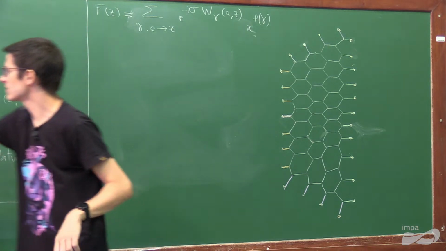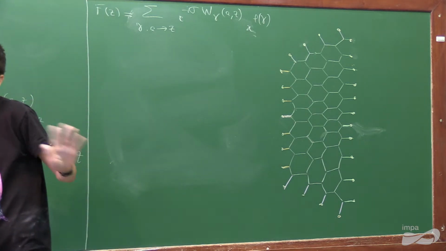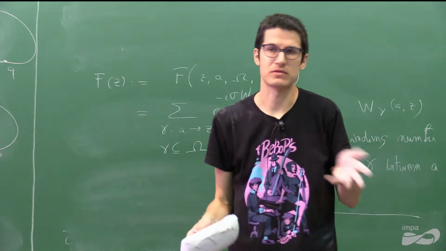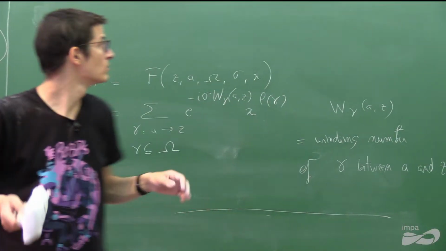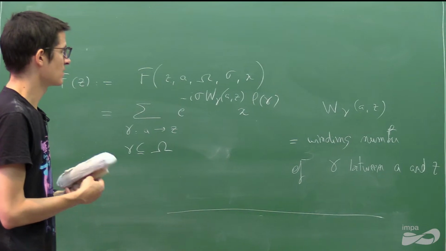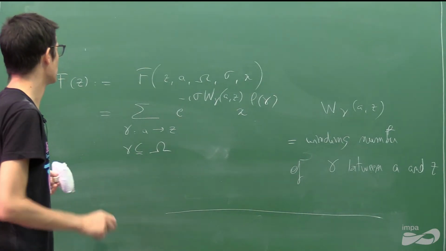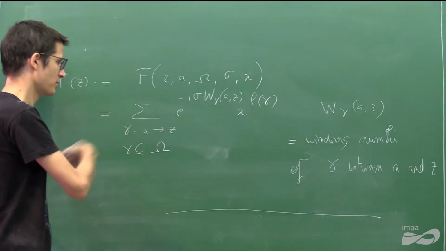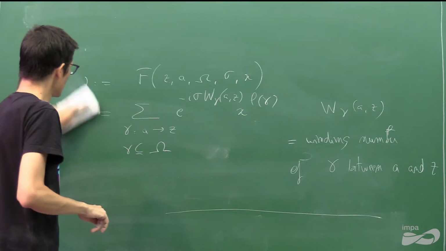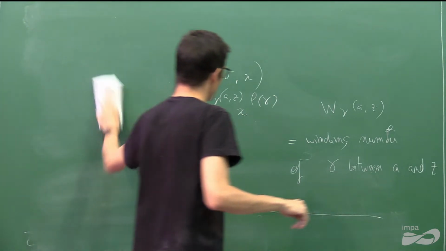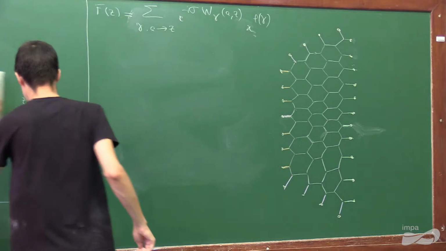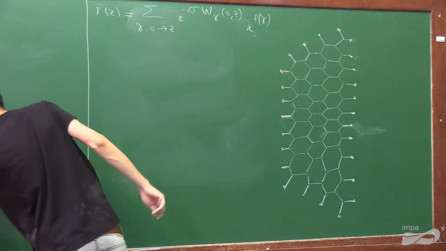I will just assume that all the gammas we are considering stay within omega, so it will be easier not to write things in the equations, just to allow me to write bigger letters.